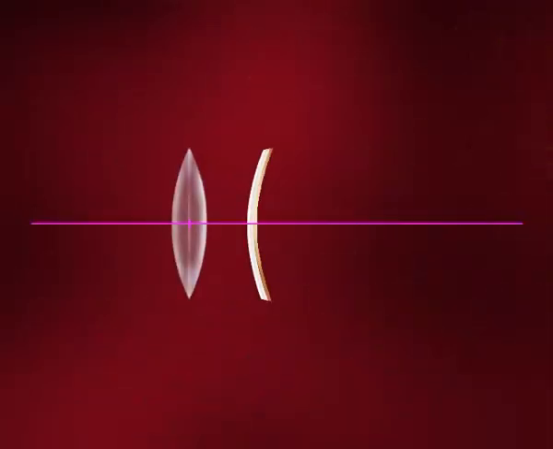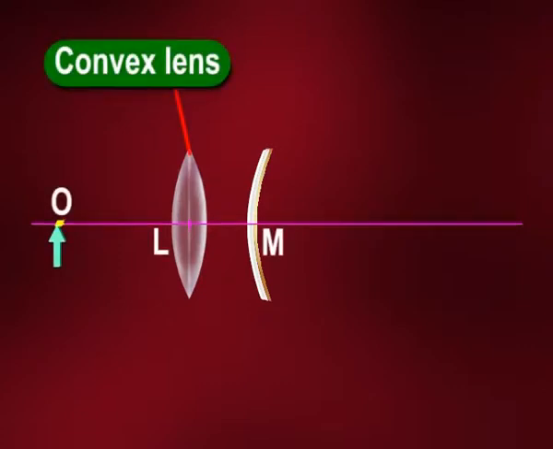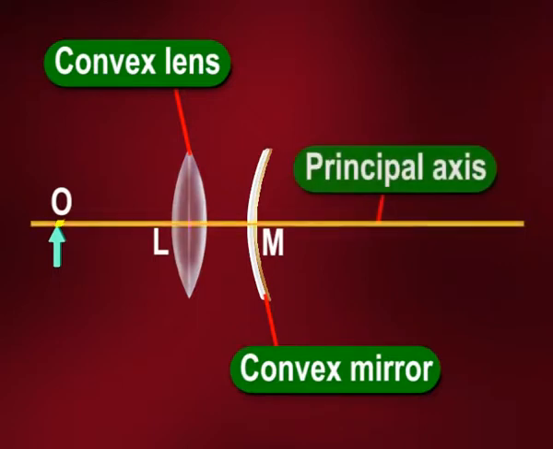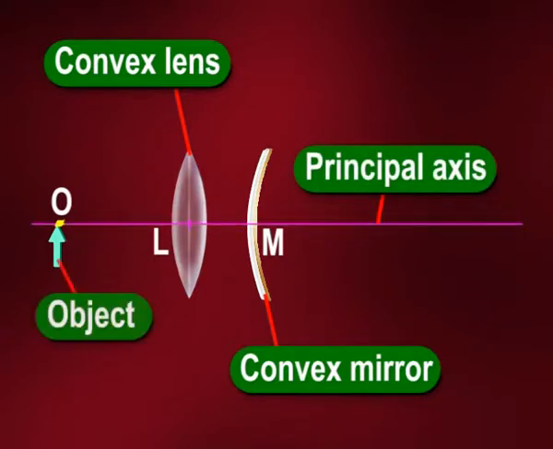Let me now explain the ray diagram of the setup of this experiment. A convex lens is placed in front of a convex mirror, such that they have a common principal axis. An object pin is placed in front of the convex lens.